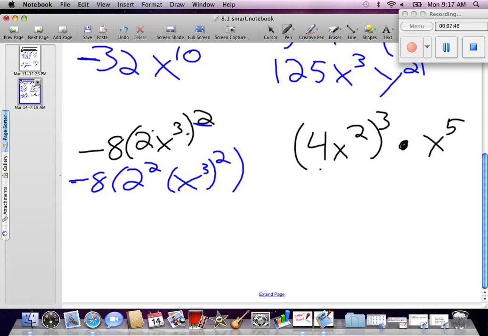I'm taking that squared and I'm squaring every single thing inside the parentheses. So now I'm going to get negative 8 times 4, and x to the third squared gives me x to the 6th. And then I simply multiply 4 times negative 8, and I get negative 32 x to the 6th.